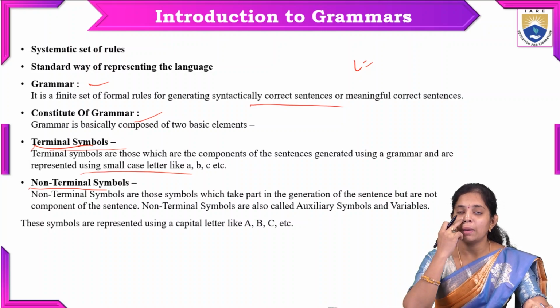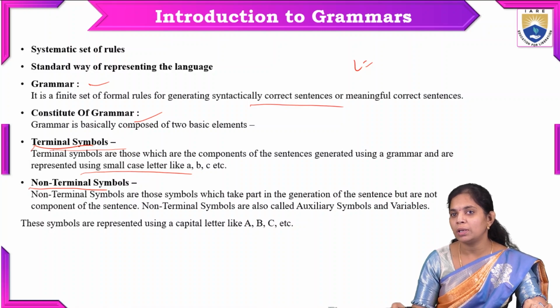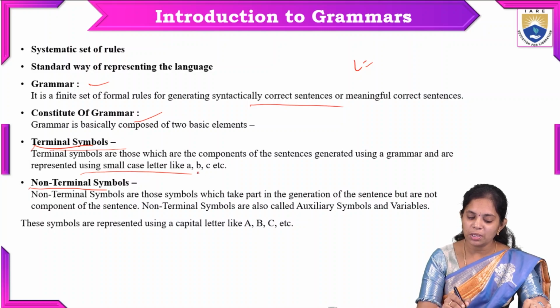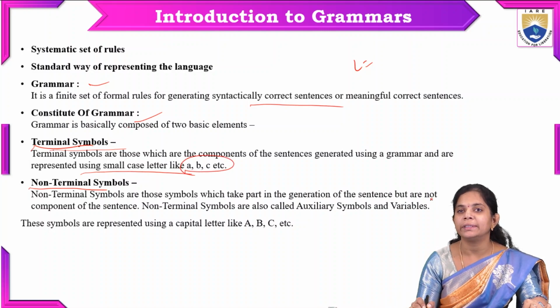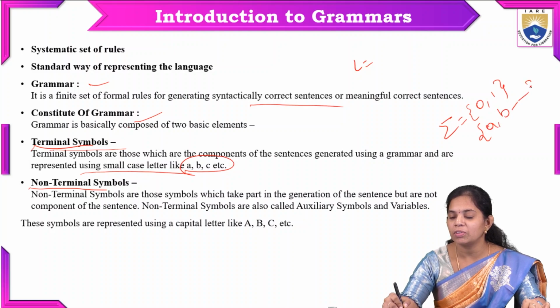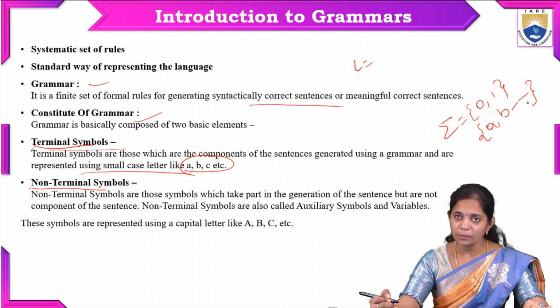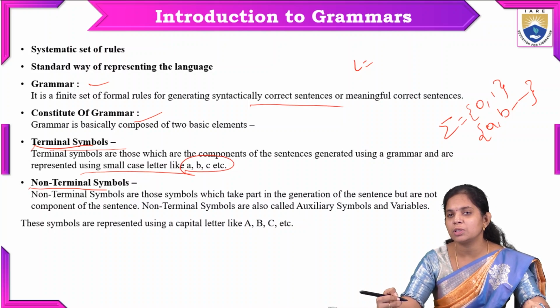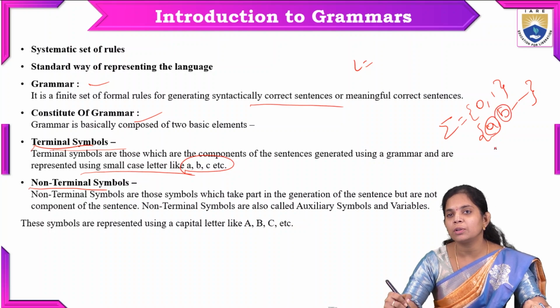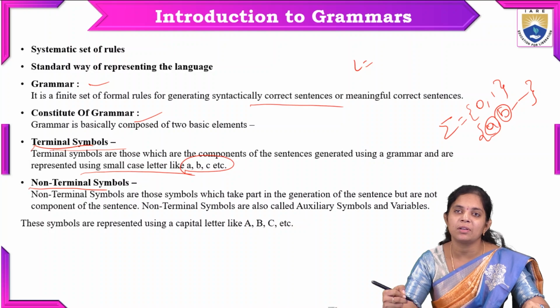Generally, the terminals are equivalent to sigma. Sigma has the input values like 0, 1 or a, b, all represented with small letters. With these terminal symbols only we form the strings. Strings are words.